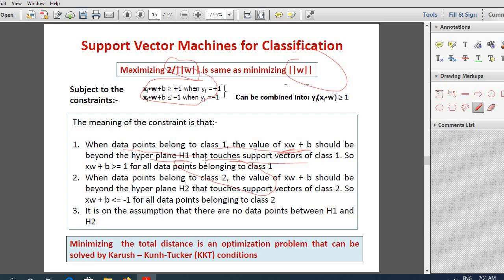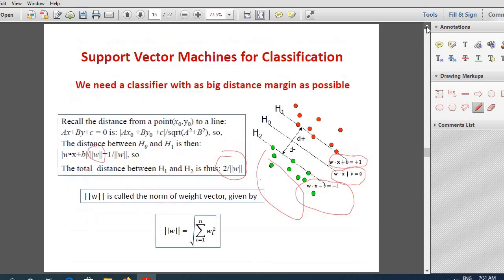That is the meaning of this. So this is the essence of the support vector machine. For class 1, the output function value should be greater than or equal to 1, and for class 2, it should be less than or equal to -1. And we assume that there are no data points between H1 and H2.